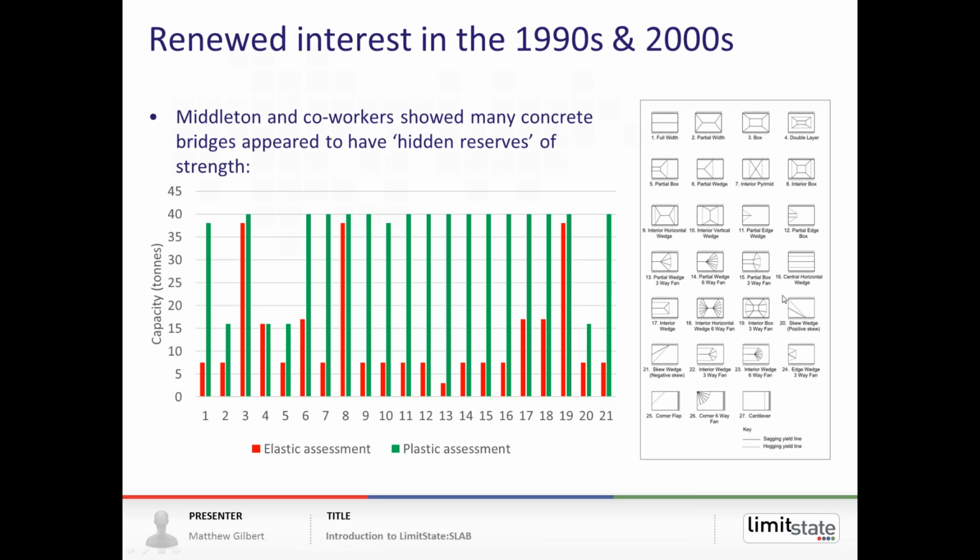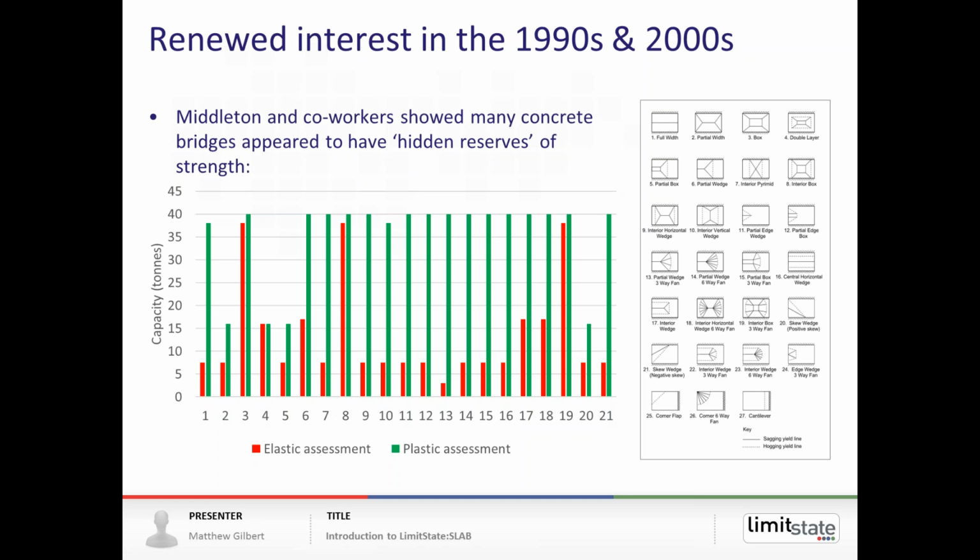Okay, so certainly in the UK, about 20 years ago, there was renewed interest in the Yieldline method. Middleton and co-workers at the University of Cambridge demonstrated that many concrete bridges that had been designed using elastic methods were in fact able to carry the increasing vehicle loads that were required of them.